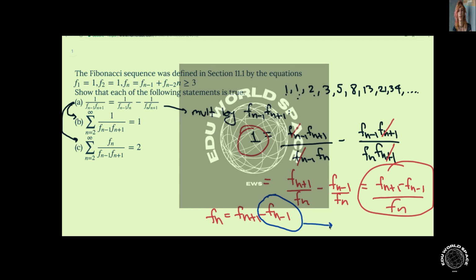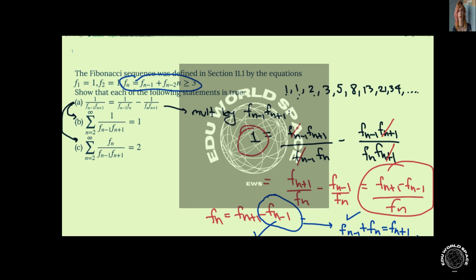And then we have f_{n-1} plus f_n equals f_{n+1}. And this is true based on the definition over here. So this is a true statement. These are both true, and this verifies part A. So we can rewrite this fraction in part A on the left using the decomposition on the right. And then we'll use that in parts B and C.